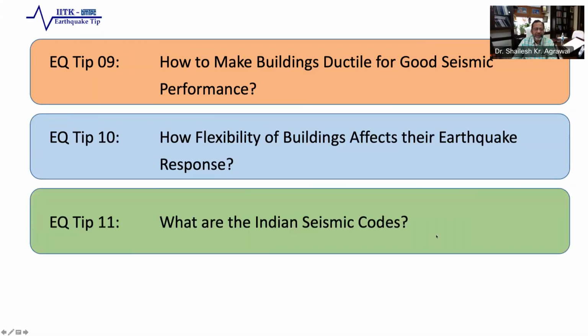Tip number 11 is on seismic codes, Indian seismic codes, namely 1893, 4326, 13827, 13828, 13930, 13935, and 15988 and the National Building Code. These codes need to be followed religiously for earthquake resistant design and construction.